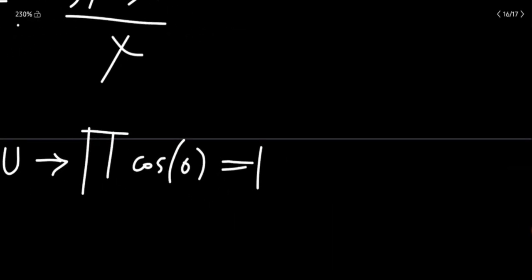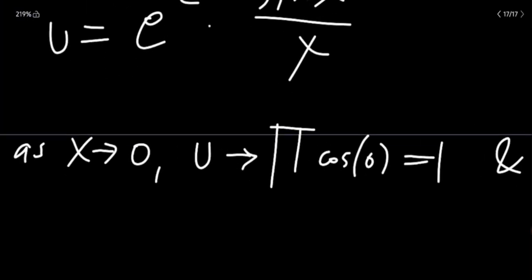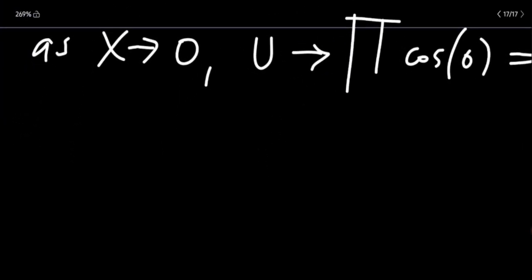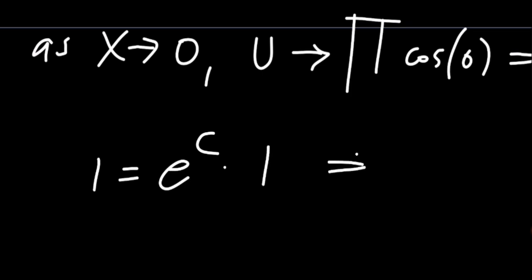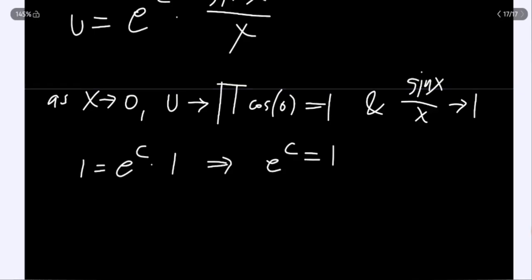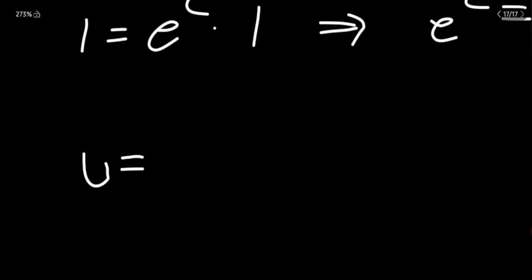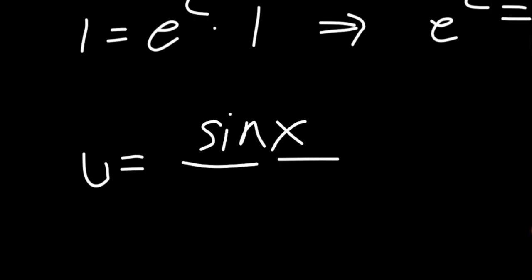And also sine x over x approaches 1 as x approaches 0. So now we will have the equation 1 equals e raised to c times 1, which implies that e raised to c should just be 1. Okay, so that was a save. So now we have u equals sine x over x.